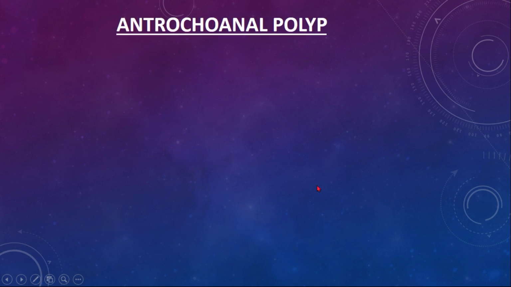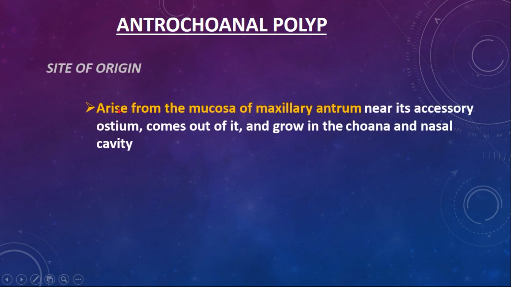Next, we move towards the antrochoanal polyp. The site of origin of the antrochoanal polyp is the mucosa of the maxillary antrum near its accessory ostium; it comes out of it and grows into the choana and nasal cavity. It has 3 parts.